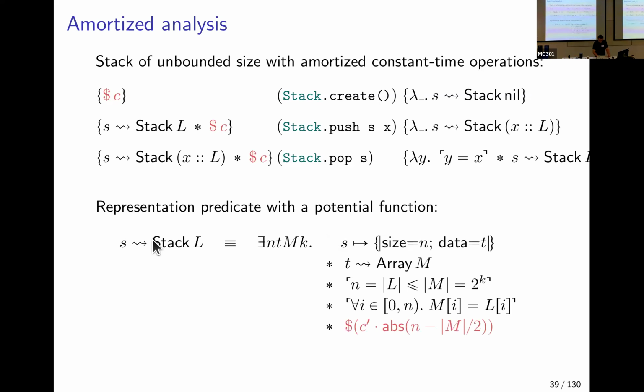So the invariant would look something like this: S points to stack of L, and those first two things are the description of the memory, and the rest is pure facts to say that you have a bunch of room. You have some room between L and M, and the more you fill up your buffer with things, you accumulate some time credits into this resource.